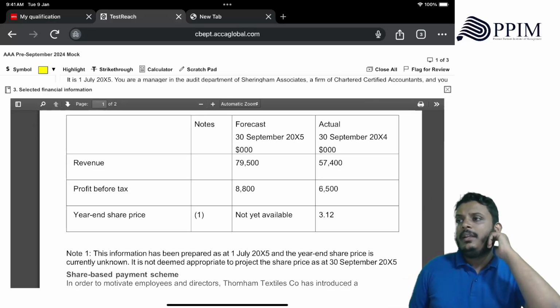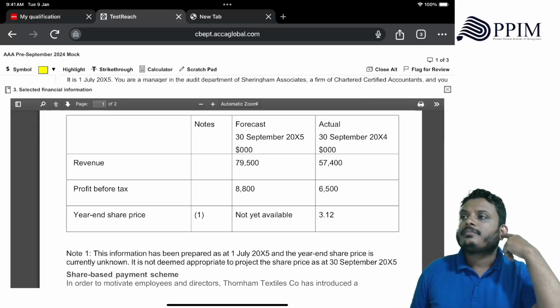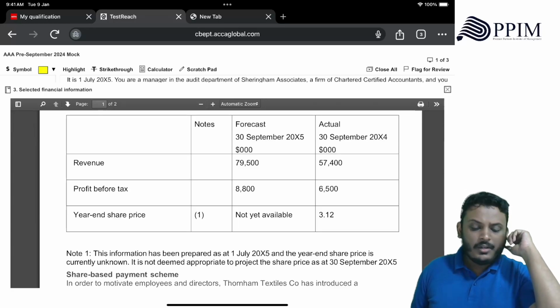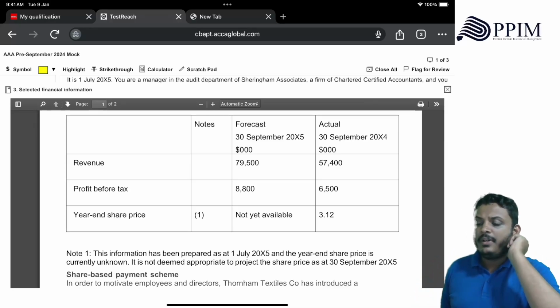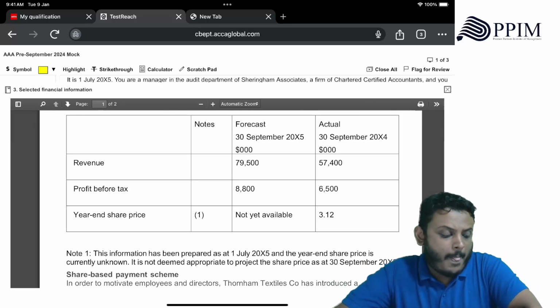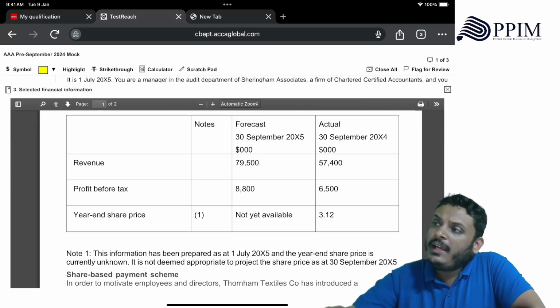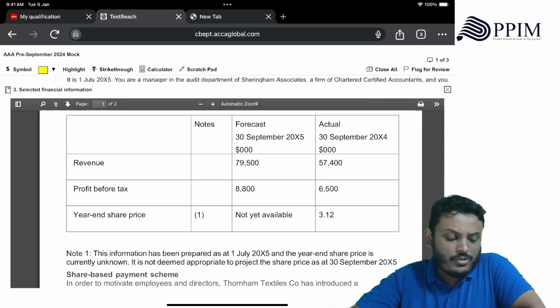So if you look at here, $57,400 actual revenue, forecasted revenue 79,500. So first calculate the sales growth, calculate the profit growth also.